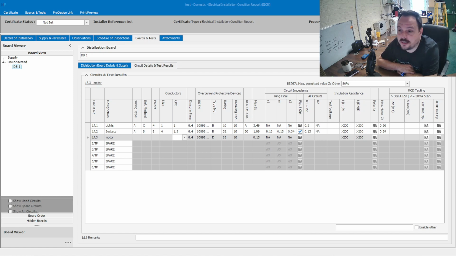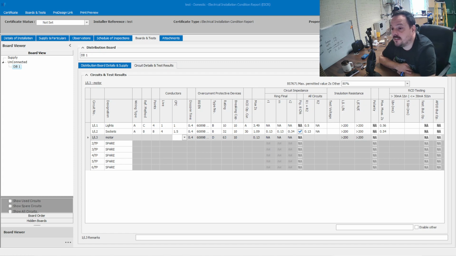If you then put that into a report without recording a ZS, for example, you're not really handing over enough information to a duty holder to be able to make an informed decision. Really that's a measurement that you should be taking, so you can give them that information that actually, we've seen a change in the value of ZE through our live test. We've now done our R1, R2 measurement, and when we do the calculation, we're above the maximum ZS allowed on that circuit.